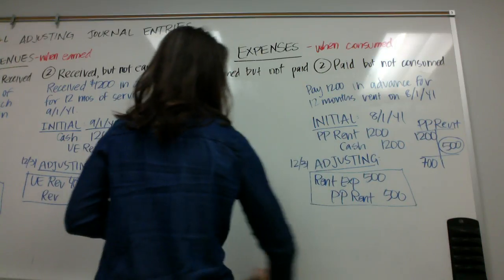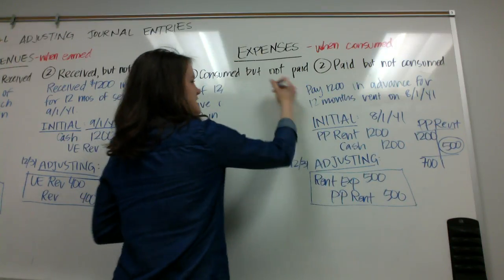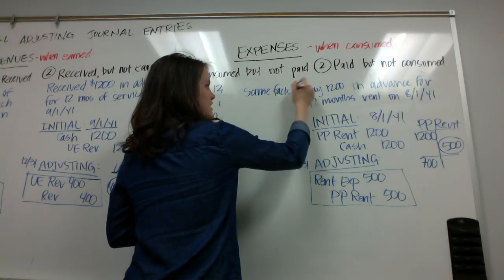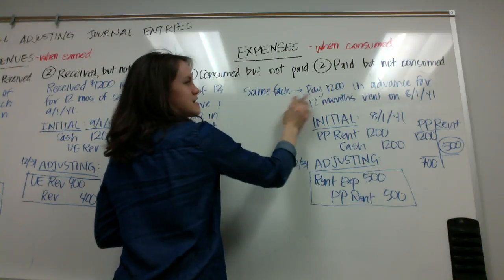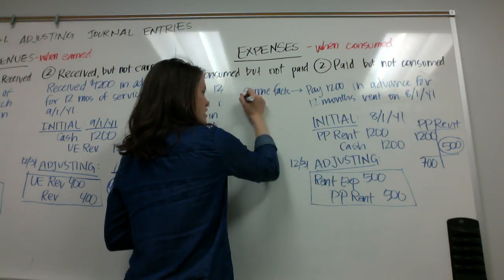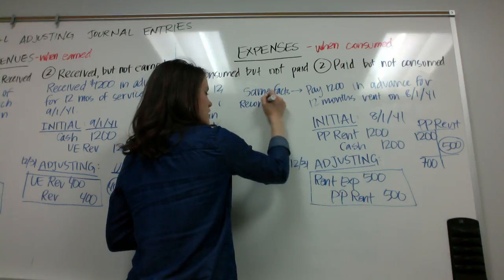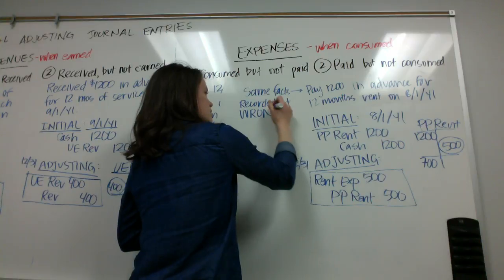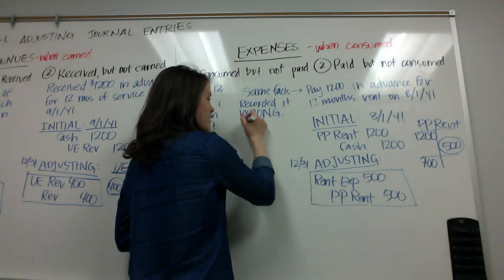So here's an example of the same facts as this given right here, right? Same facts, only instead the initial journal entry they recorded it wrong and they put it all into rent expense.